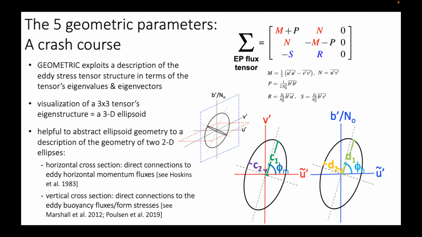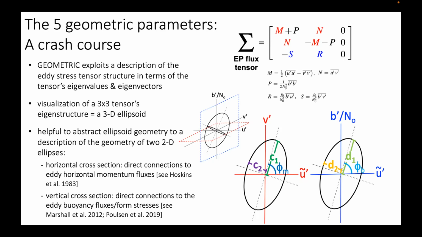Okay, so a crash course on the geometric parameters for those of you who aren't familiar. The geometric framework is exploiting a description of the eddy stress tensor, or the EP flux tensor, a description of its eigenvalues and its eigenvectors. And so you can visualize the eigenvectors and the eigenvalues of a system via an ellipse or an ellipsoid. So for a 3x3 matrix, that visualization is a 3-dimensional ellipsoid.